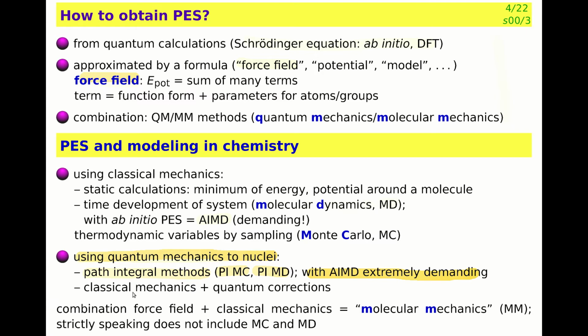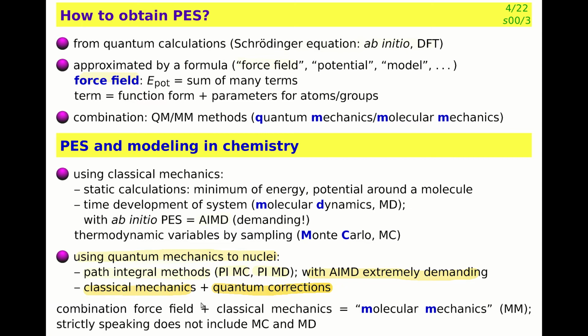But we can also use classical mechanics and then add certain quantum corrections that take into account some nuclear quantum effects, the most important ones, especially if we are quite close to the classical world. It's only a small correction.